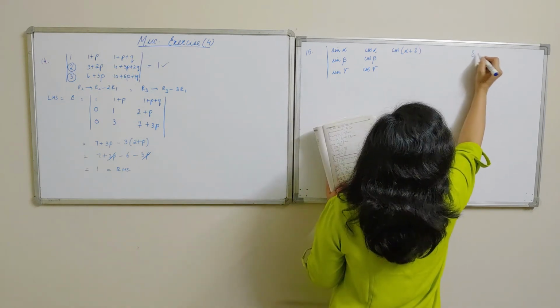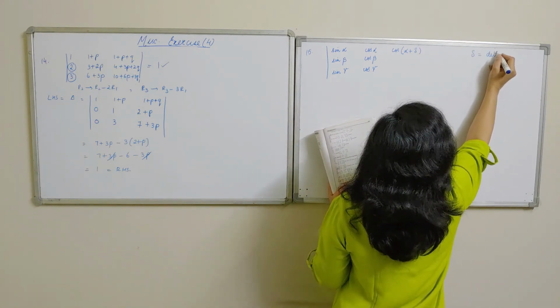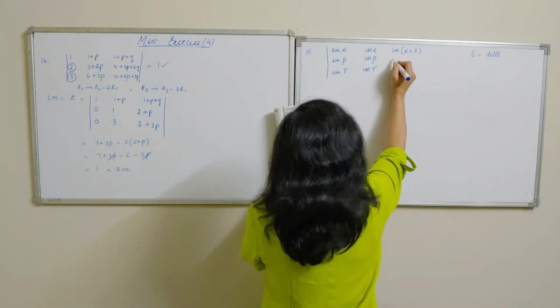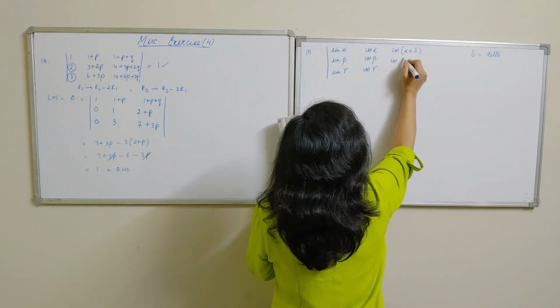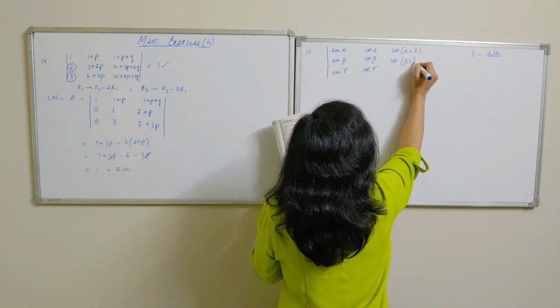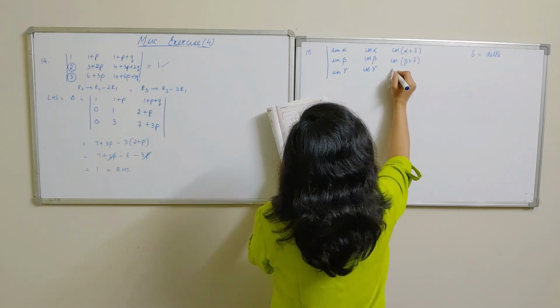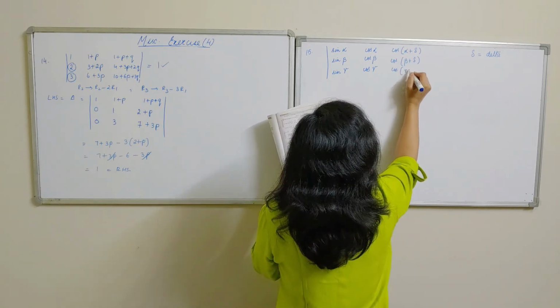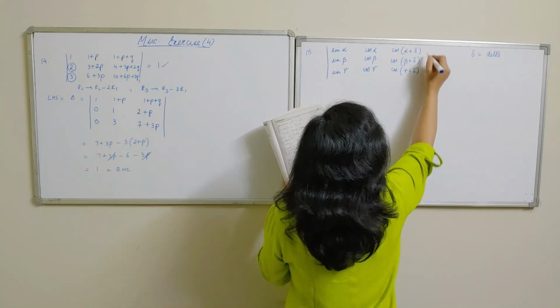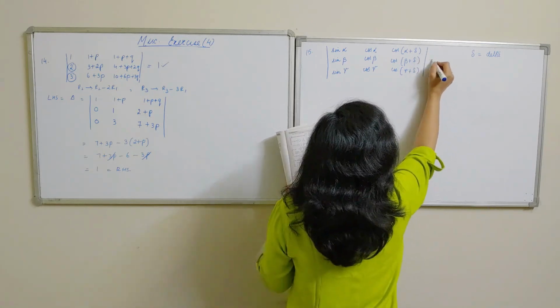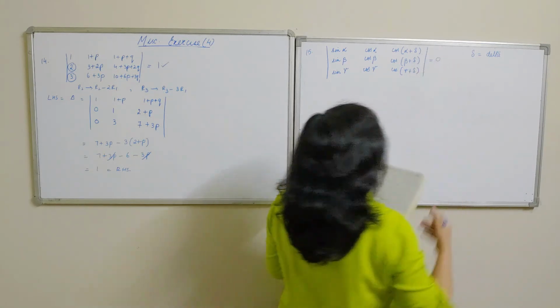This symbol we are reading as delta. So this is cos beta plus delta, and this is cos gamma plus delta. We have to show that this determinant is 0.